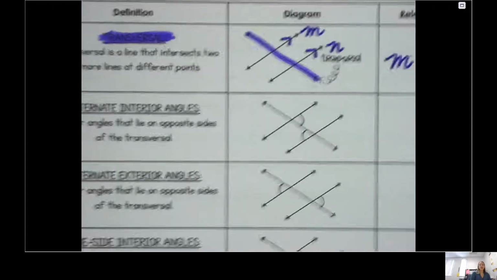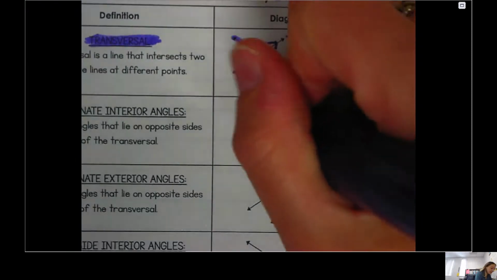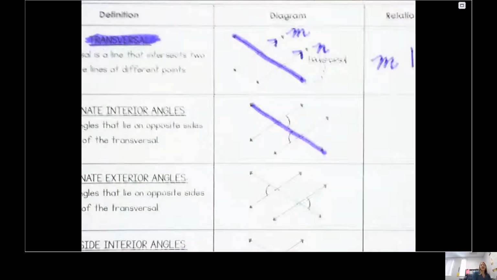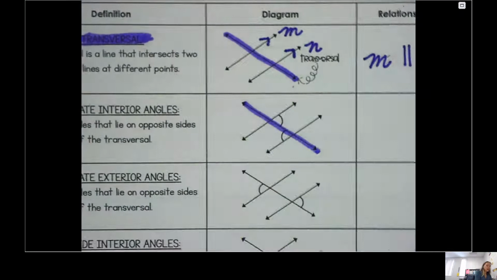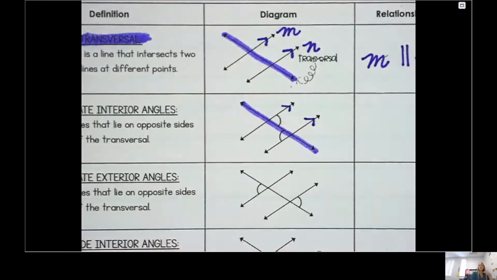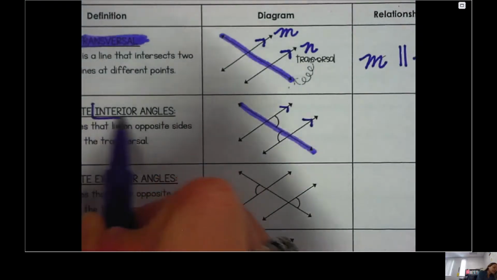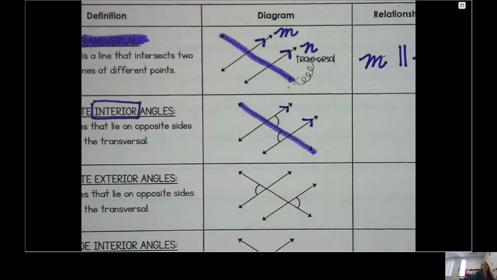So we're going to start by highlighting our transversal line right in the center, and we're going to mark our two parallel lines with our arrows. Okay. Now we've got two angles here that are called alternate interior. What does the word interior mean?